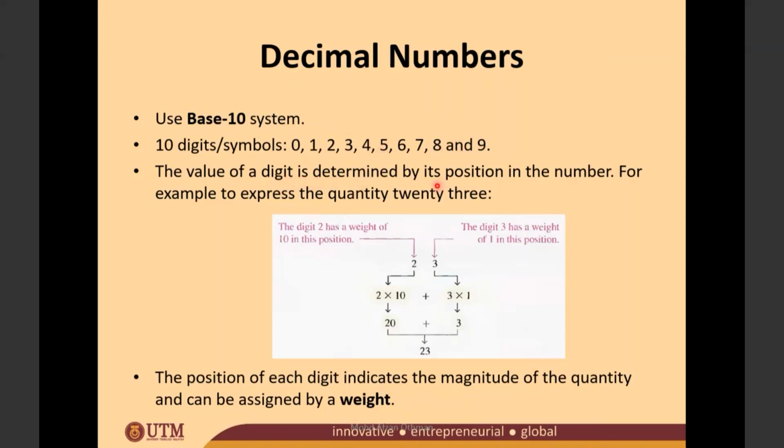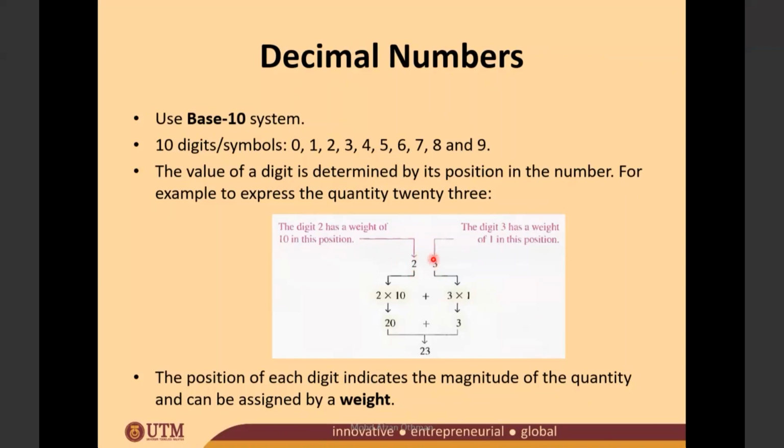For example, to express the quantity 23, the digit position will represent ones, tens, hundreds, thousands, etc. In this case, we want to represent the number 23. So this is the ones place.